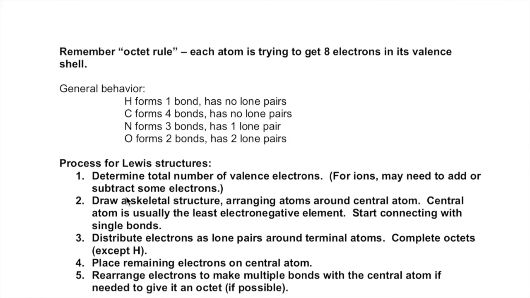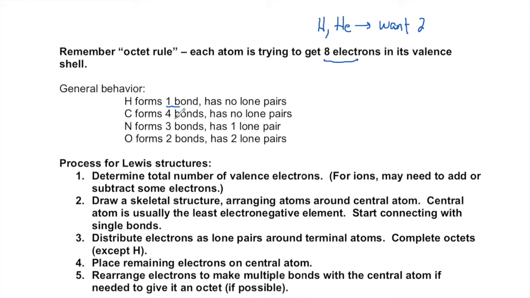So as you draw these Lewis structures, you will see these general trends for some of the common atoms that you will see in these compounds. Since each atom is trying to get 8 electrons, except for hydrogen and helium, which want 2 instead of 8. Since hydrogen has 1 valence electron and wants 2, it tends to form 1 bond and have no lone pairs on it.